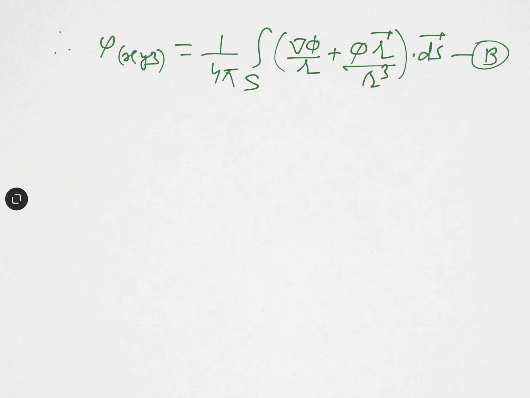the surface S. So if the values of phi and its normal derivative over S are known, you know this phi and its normal derivative means del phi, then the potential at any interior point can be determined by integration.